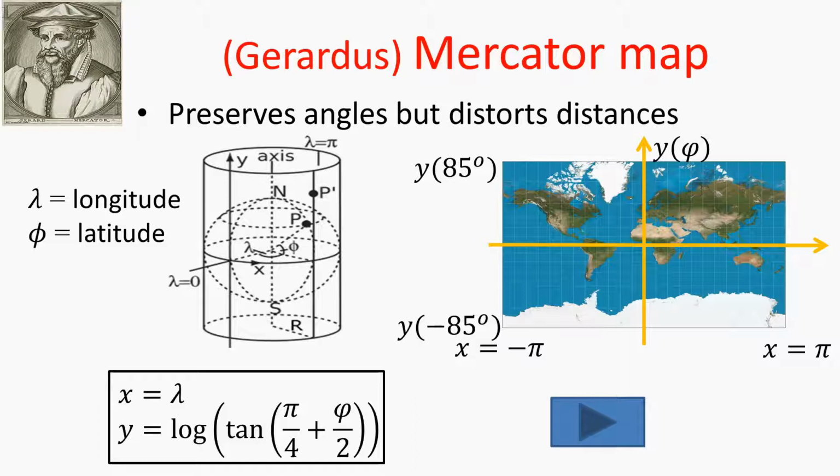I just show you one particular example, the so-called Mercator map, which shows the angles in a correct way. However, Mercator map distorts distances and areas significantly. For example, on a Mercator map, Greenland has the same size as Africa, although in real life Africa is 14 times bigger.